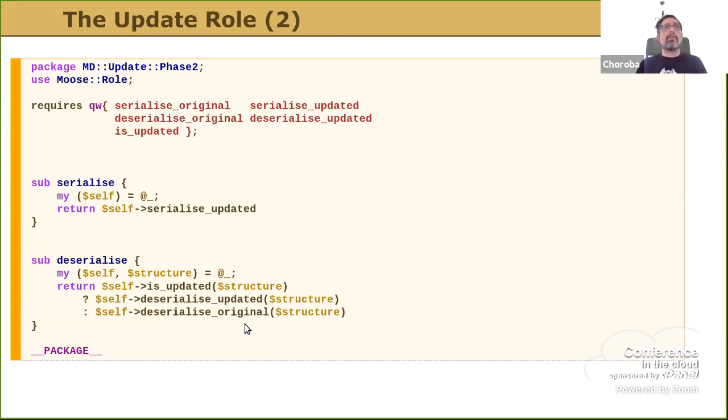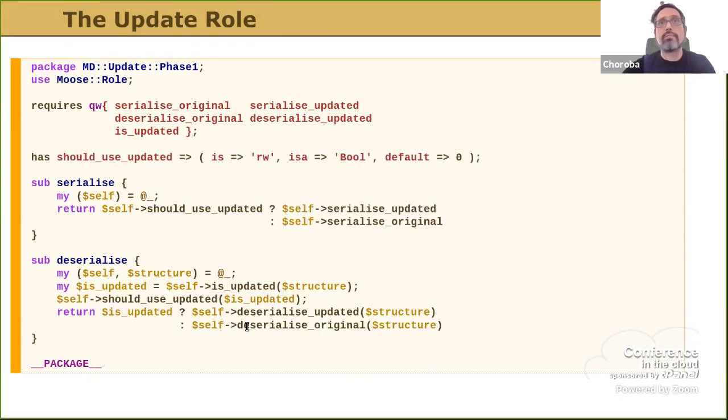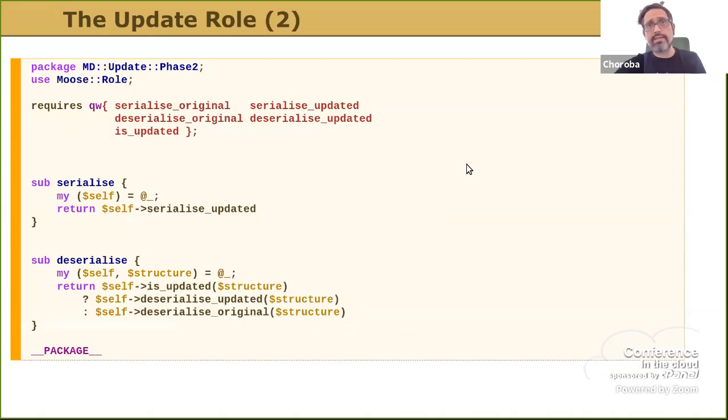And the second role is even simpler. One would think that we will take this and put one here, which we originally did, but then it's easier to just omit it completely, because we always use the updated method here. And deserialization is similar to the old one.